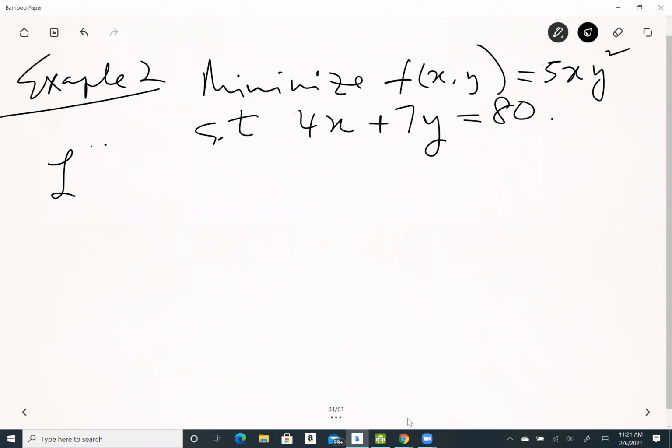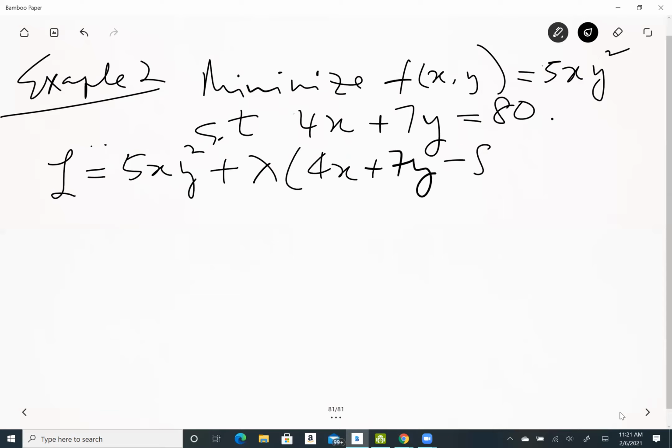So the Lagrangian is equal to 5xy squared. You write down the first part, f of x, y, plus lambda times g of x, y minus k. Plus lambda multiplied by 4x plus 7y minus 80. For the constraint, you rewrite it, bringing the constant to the other side.